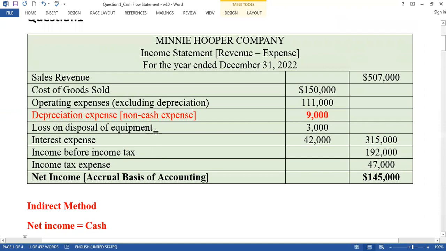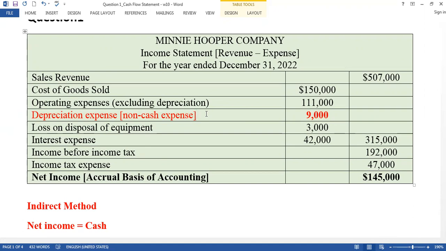Now, from your Principles of Accounting 1, you must have learned who the non-cash expenses are. Although they are expenses, they are not related to cash. For example, we use this equipment and it is depreciated every year, right? If it were cash, then cash would drop from here.